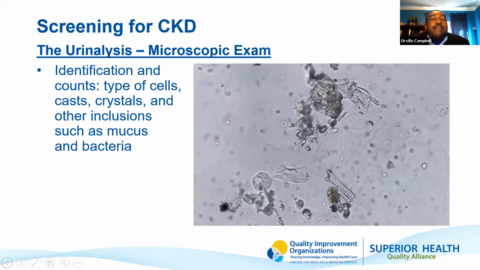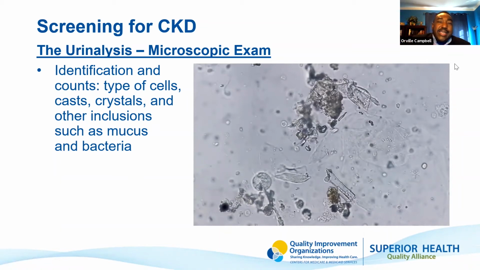The microscopic exam is very often forgotten. Usually a urinalysis is ordered as a dipstick, but a complete urinalysis includes sediment analysis, which means we collect the specimen, it's spun in a centrifuge, and the little button at the bottom is left in the bottom of the test tube.